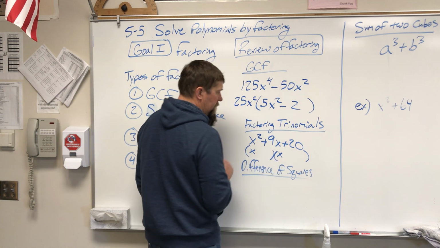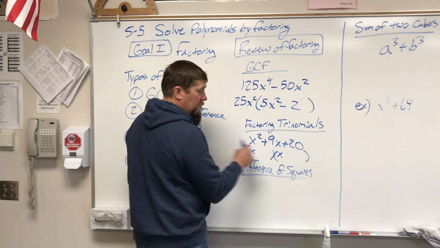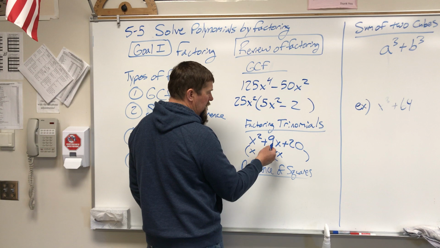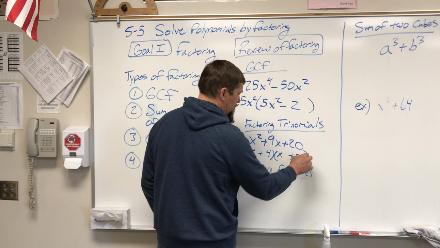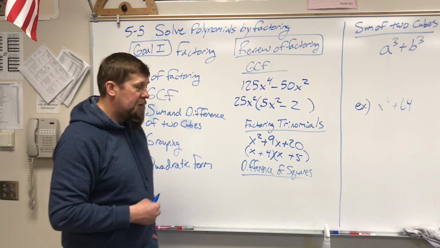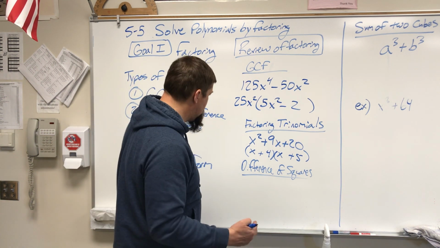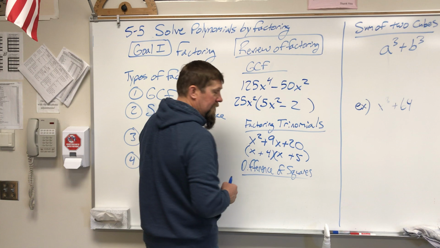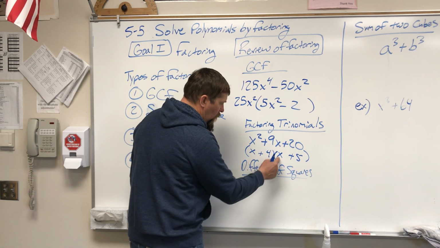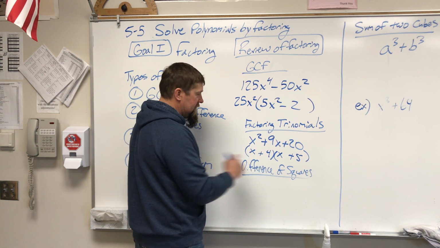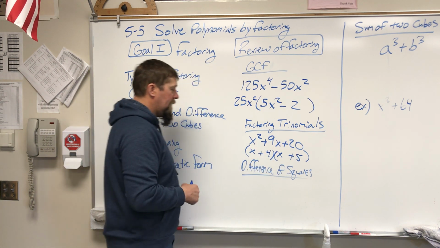The last term, we need these 2 things to multiply to be the last term. The middle adds up to 9, so if I put a plus 4 here and a plus 5 here, it looks like that should work. I test it by foiling it back together. x times x is x squared. 4x plus 5x is 9x. 4 times 5 is 20.